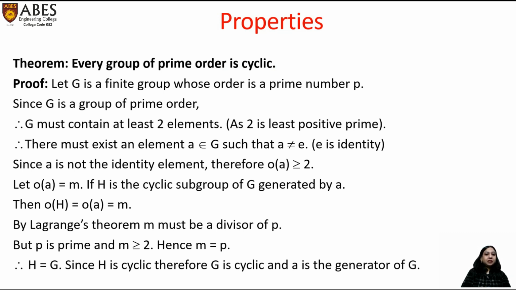Because A is not the identity element, the order of A will be greater than or equal to 2. And we assume that the order of A is m. If H is the cyclic subgroup of G generated by A, then the order of H is equal to the order of A, which is m. By Lagrange's theorem, m must be a divisor of p. Hence, with the help of Lagrange's theorem, we can easily prove that every group of prime order is a cyclic group.